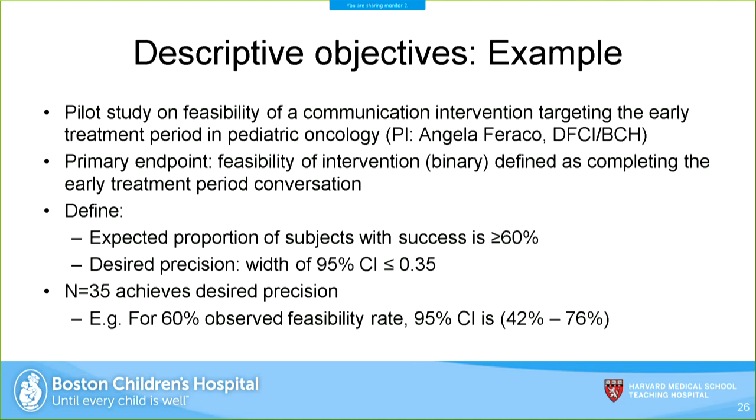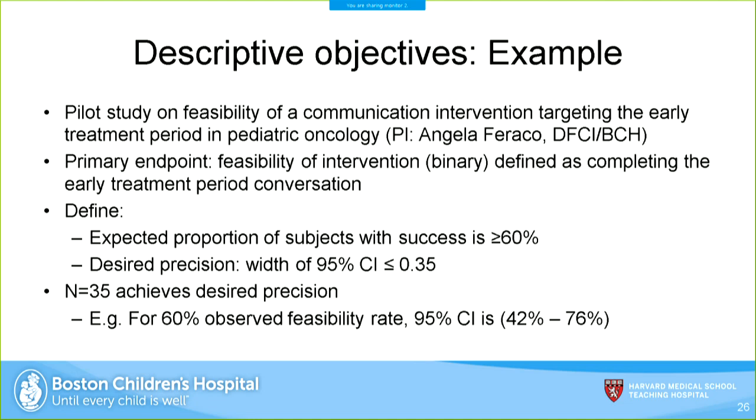I want to give a concrete example. This is a study I'm working on at Dana-Farber, where they're trying to look at the feasibility of a communication intervention targeting the early treatment period in pediatric oncology. The primary endpoint here is the feasibility of this intervention, and they defined it as whether the patient's family completed a conversation with the primary care team during this early treatment period.